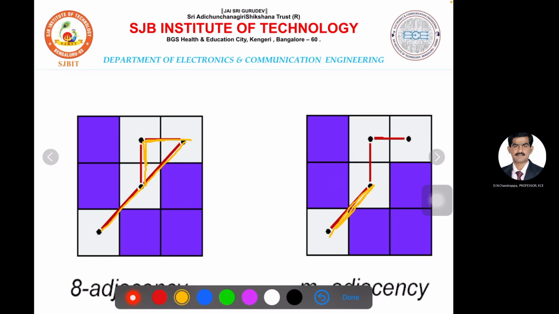N8 includes the diagonal ND, but this one is not considered as a diagonal. We'll consider it as N4, like this. That is what we call M adjacency.